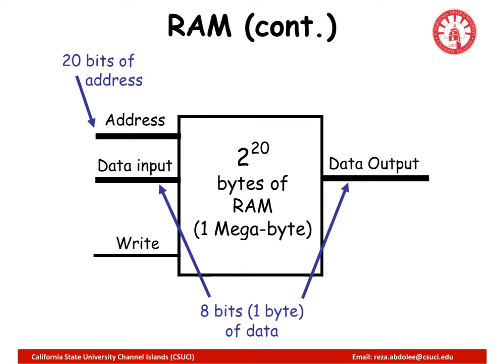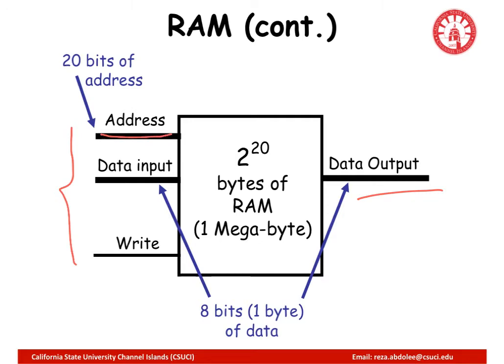This figure shows a block diagram of a typical RAM, and we can see the inputs to this RAM and the output from this RAM. As you can see here, one of the inputs to this RAM is the address bus.